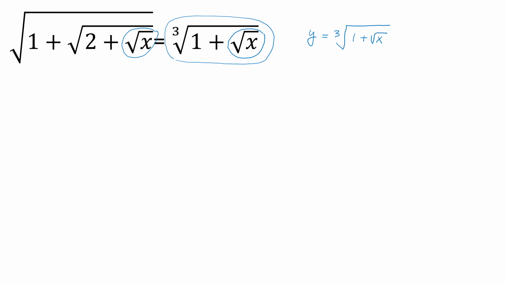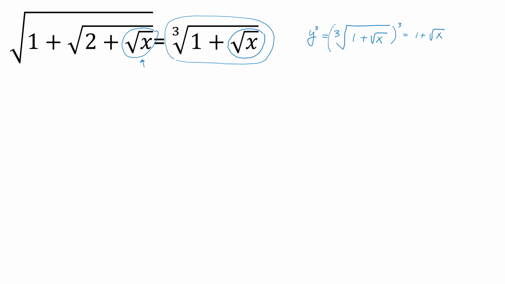The next step is we're going to manipulate the left hand side by using y. In order to make that happen, we can get rid of the third root on the right hand side. To do this, you can cube both sides. Then we have 1 plus square root of x.